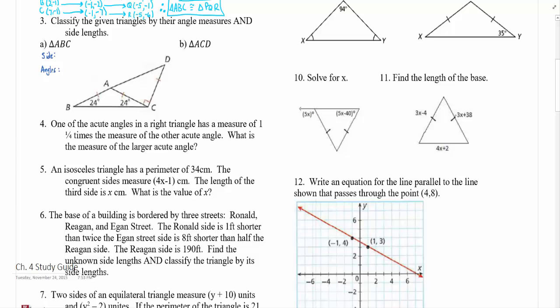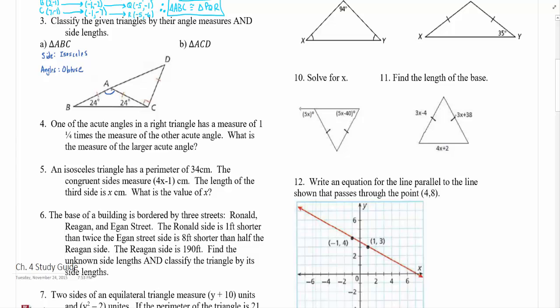Well, this has 2 congruent sides on it, so this would be isosceles. And in terms of angles, we're looking to see, does this have acute angles, or does it have an obtuse angle, which makes it an obtuse triangle, or is it a right triangle? Well, in this case, you can see that this angle is obtuse. You don't really have to find it, you can tell it's obtuse, so this would be an obtuse triangle.